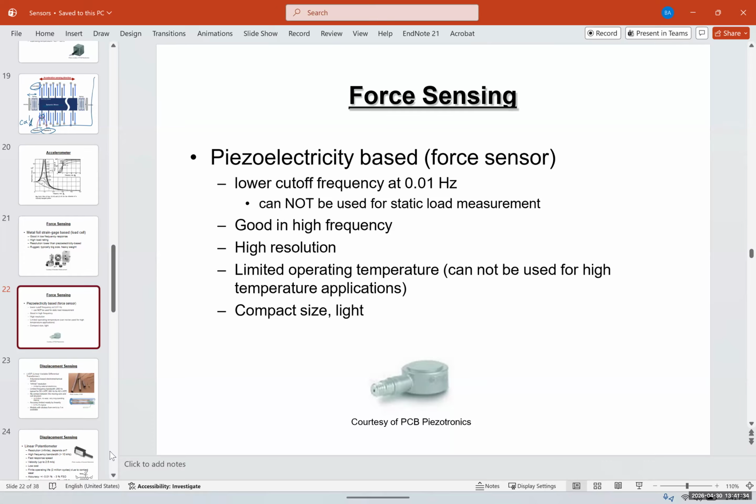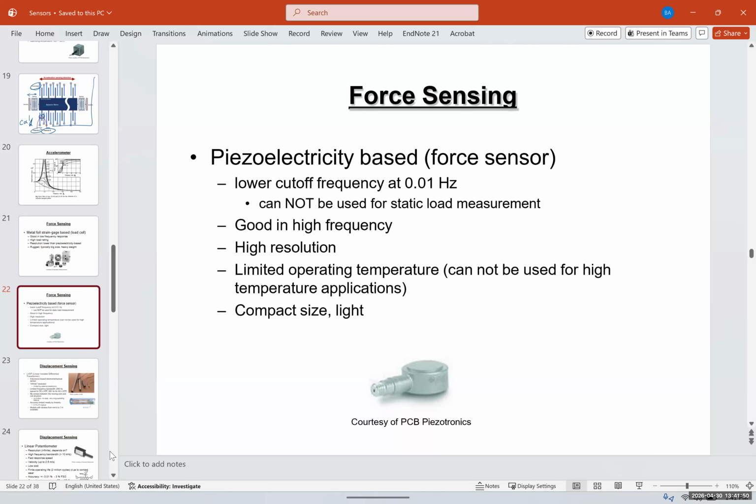Another type is called the piezoelectricity based force sensor. They have a lower cutoff frequency at 0.01 hertz, so they cannot be used for static load measurement. So if you want to measure a bridge's weight, it's not going to work.